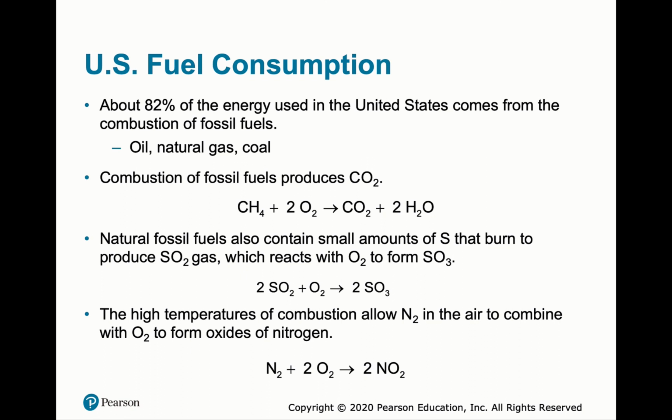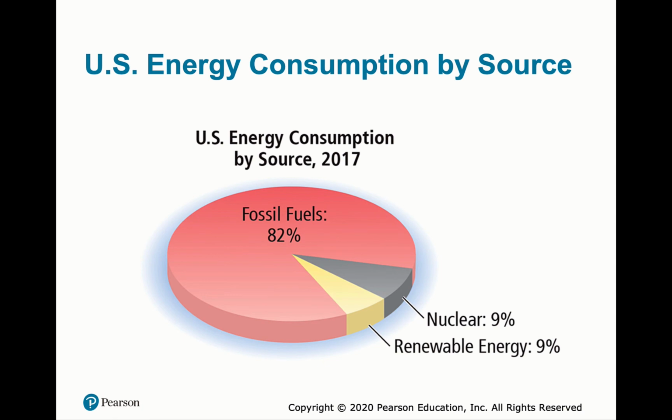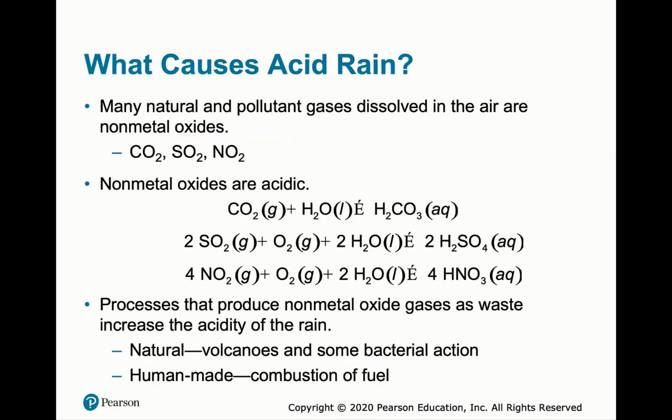Also, in the internal combustion chambers of cars and whatnot, you can form nitrogen oxides. The problem with sulfur oxides and nitrogen oxides is that they can turn into acid rain. Here we show the energy consumption by source in 2017. But then the acid rain can form.